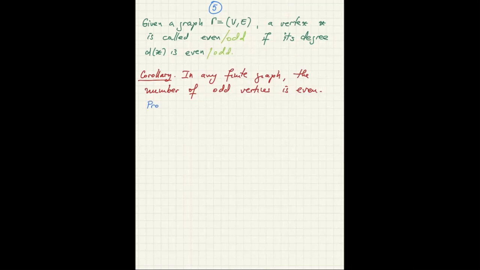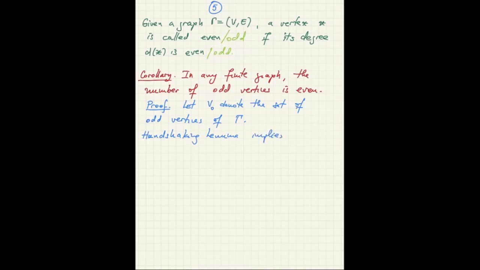So how does that follow? Well, let V0 denote the set of odd vertices of gamma. The handshaking lemma implies, and I'll state it again, that the summation over all x in V of the degree of x equals twice the number of edges.